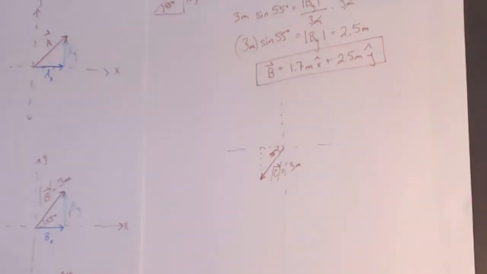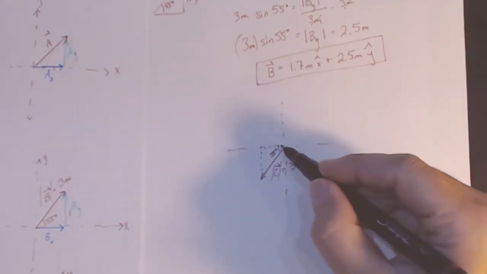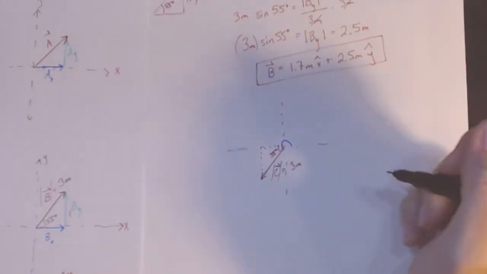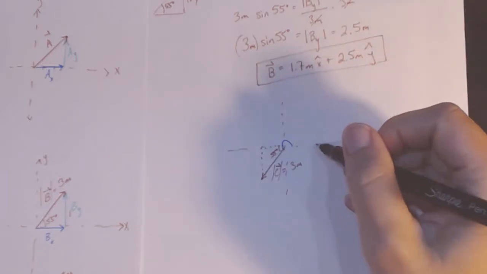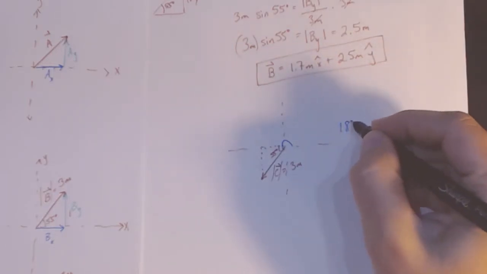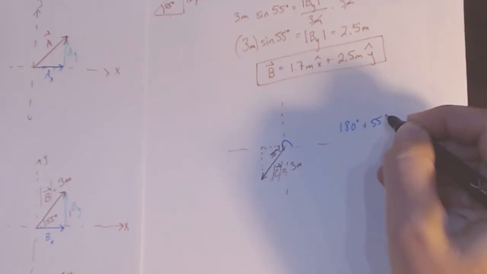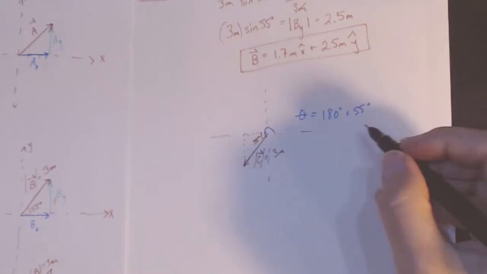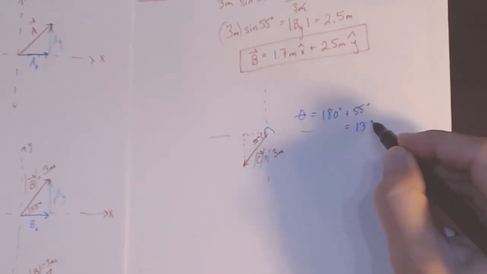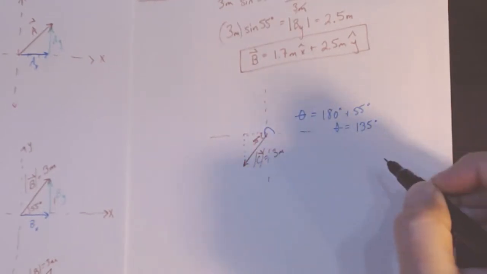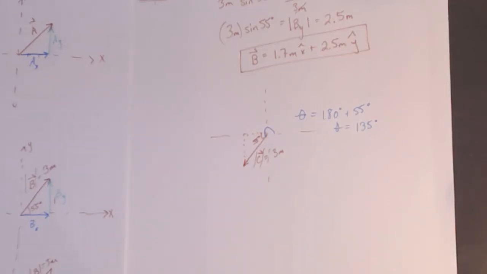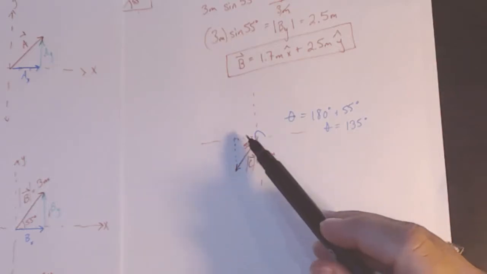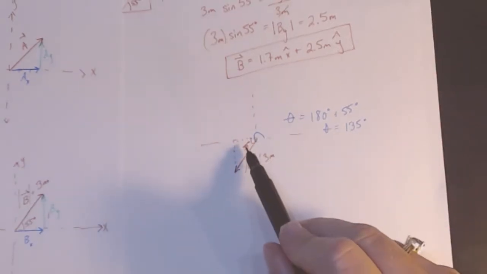So the polar angle would be 180 plus 55, because the polar angle would be all the way around from the positive x-axis. So that would be 180 degrees plus 55 degrees. That's my actual polar angle for this vector, which would be equal to 235 degrees. But the angle that my new vector makes with just this negative x-axis is 55 still.